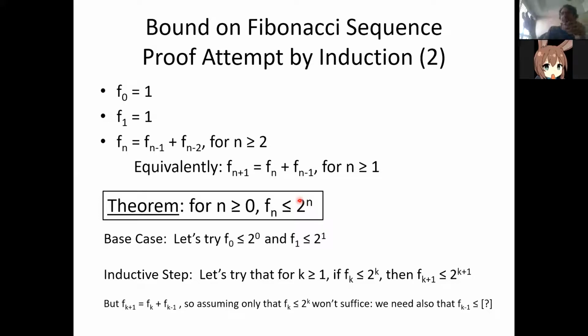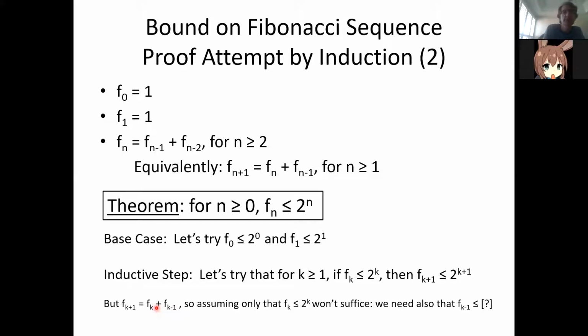Now the standard induction will work, because your predicate applied to k-1 would show that both of these are bounded, respectively this by 2 to the k-1 and this by 2 to the k. And now under that assumption, you can prove that the bound that applies to the pair holds about the next pair.